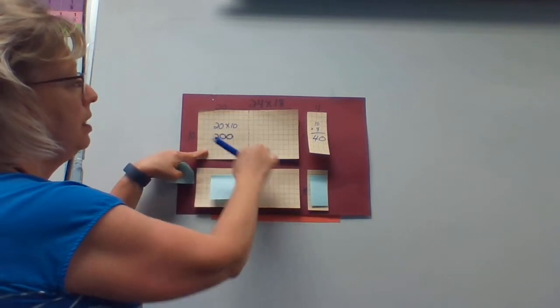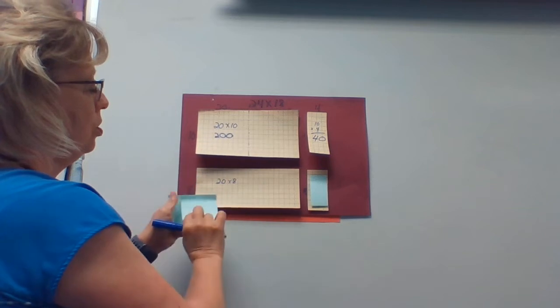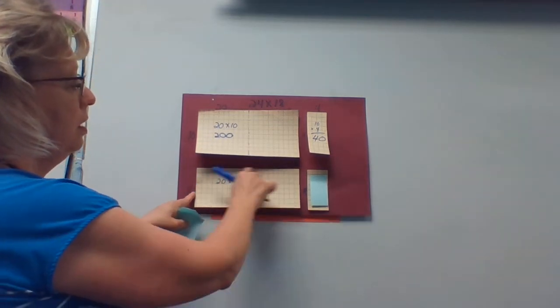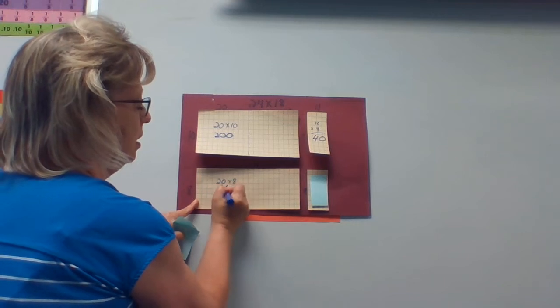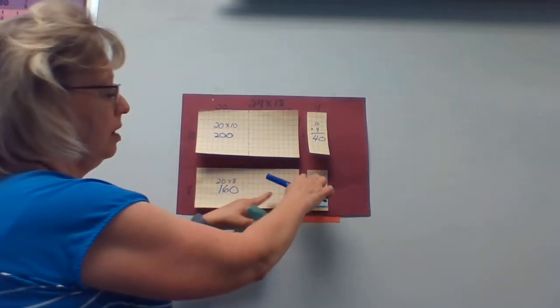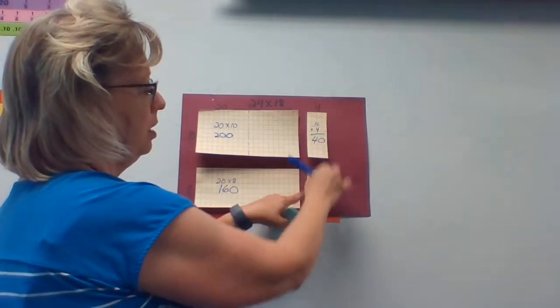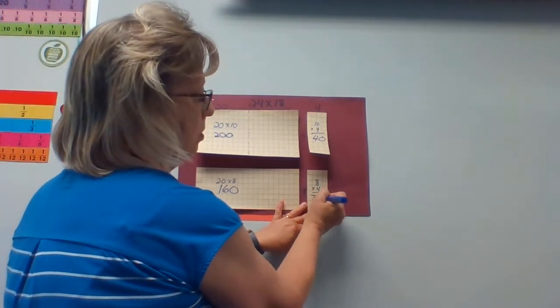This line is still my 20 line. So 20 times 8 would be 160 squares in this area. And then here's my 8, and here's my 4. So this equation is 8 times 4, which is 32.